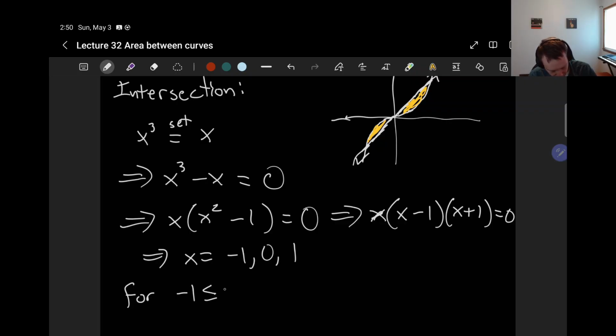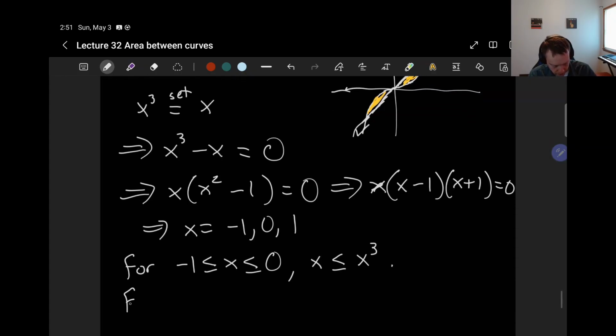So for x between -1 and 0, that would be the left side here, the line y equals x is lower than the cubic polynomial x cubed. But then it switches from 0 to 1. Now y equals x is higher.